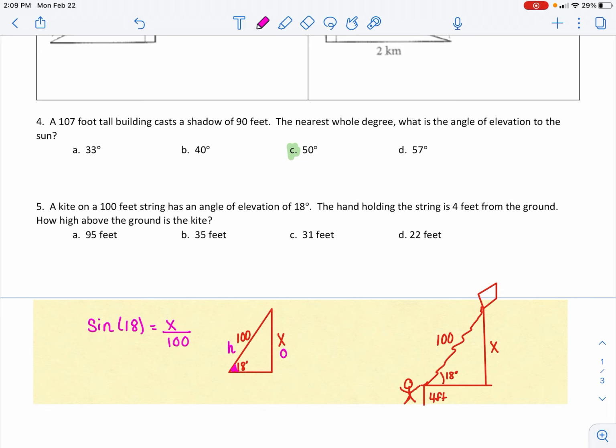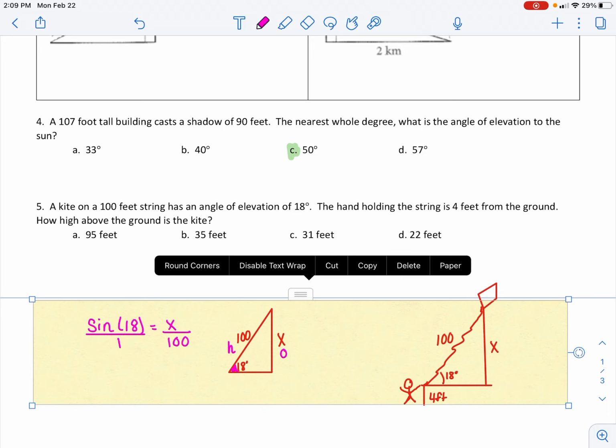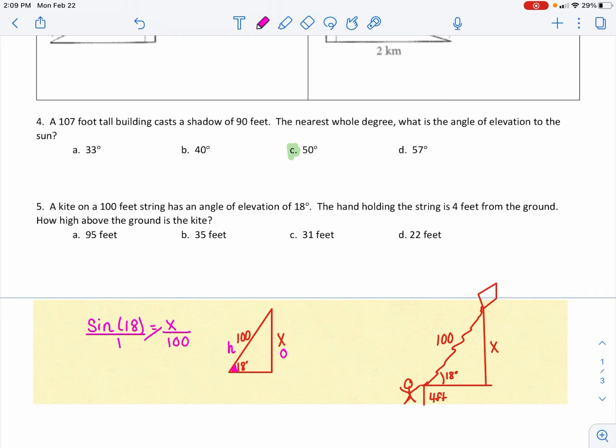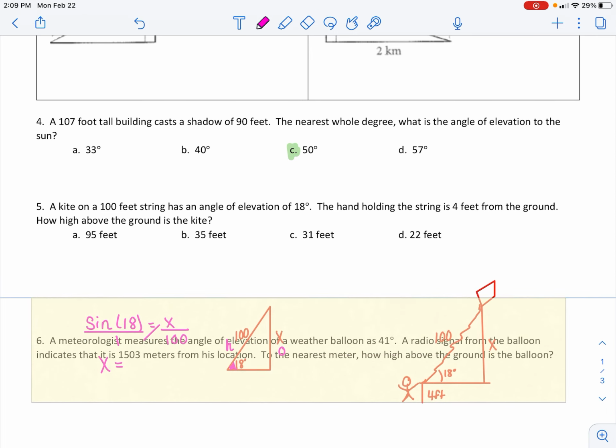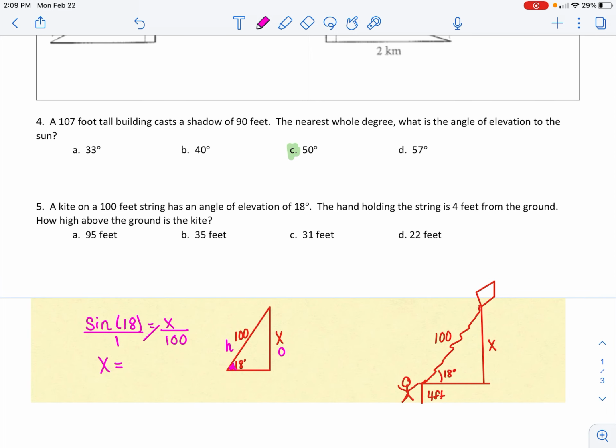Anytime you're finding a side length of your triangle, you're going to go ahead and cross multiply. So we get x times 1 is x, and then we have 100 times the sine of 18.